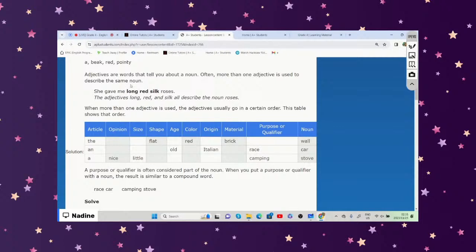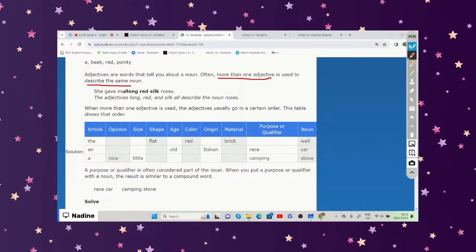So adjectives are words that tell us about the noun, modify a noun, describe the noun. And often more than one adjective is used to describe that very same noun.